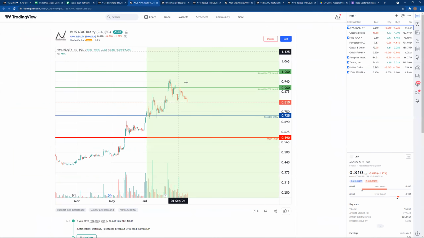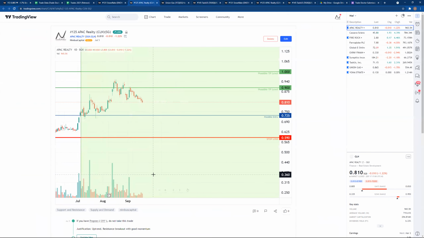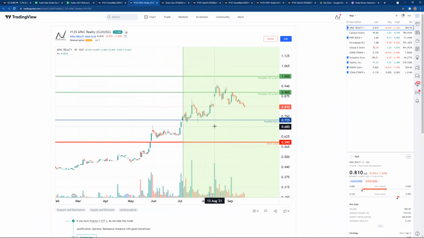So APAC Realty is a very good example because let's look at this trade. Why is the stop loss there? The stop loss is there because in case price comes back down and retraces a bit, we do not get cut off, so that when it eventually rebounds, we can still get the TP.